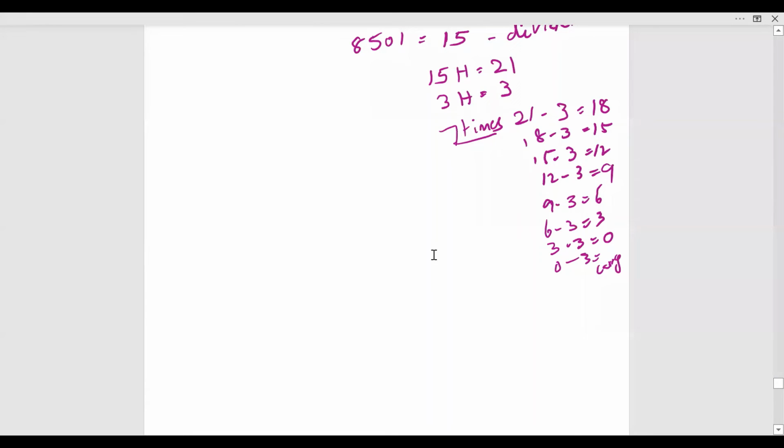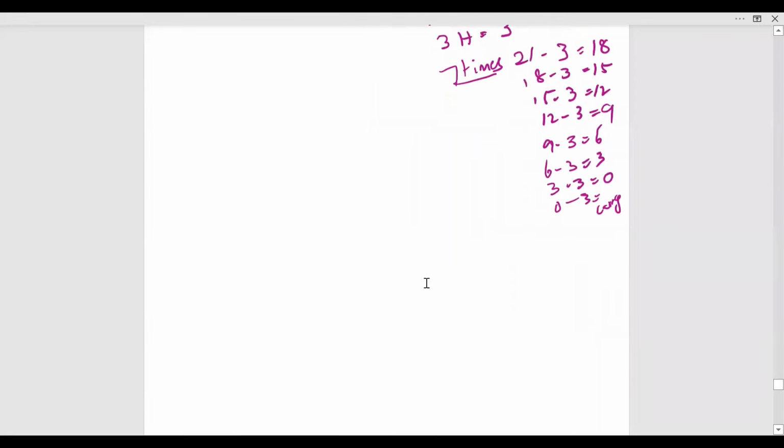So first load the HL pair immediately with 8500. 8500 contains the divisor 03 and 8501 the dividend.